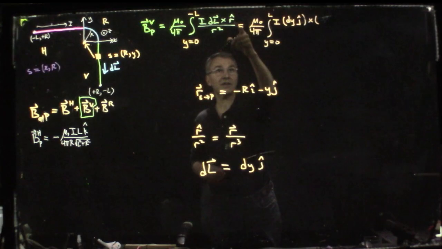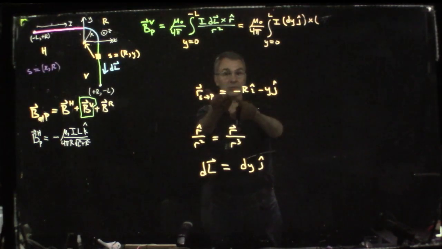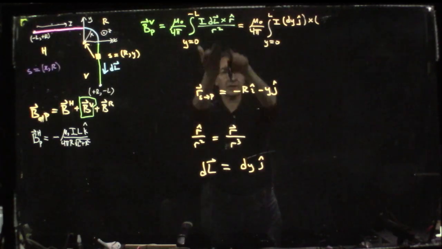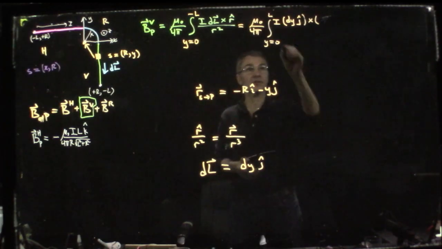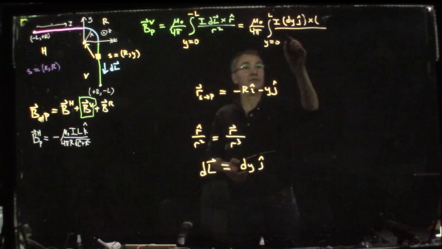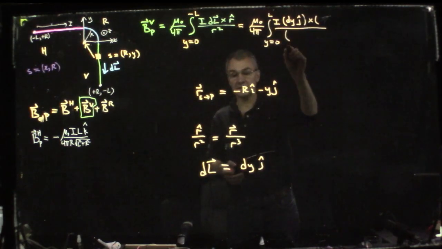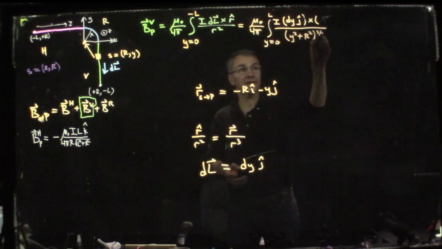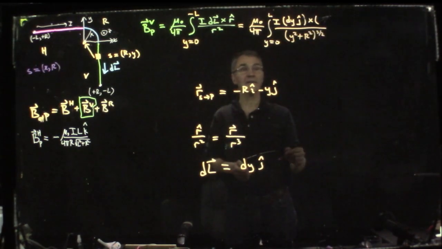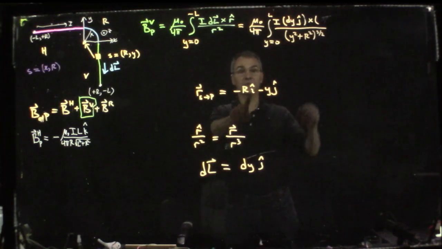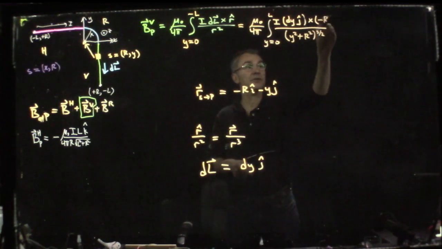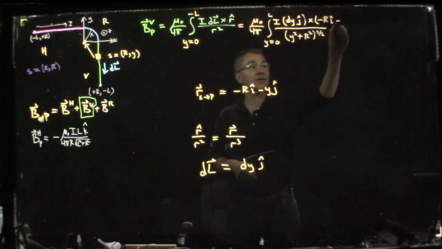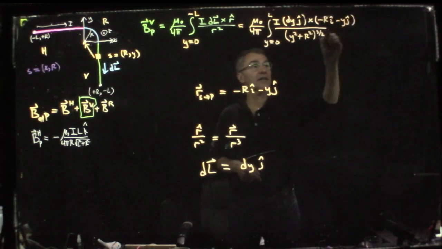Now this is r hat, so to make up for the fact that we're writing r instead of r hat, I'm going to put r cubed downstairs. So downstairs this will be y squared plus r squared to the 3/2 power. Now this r vector here is minus r i hat minus y j hat.